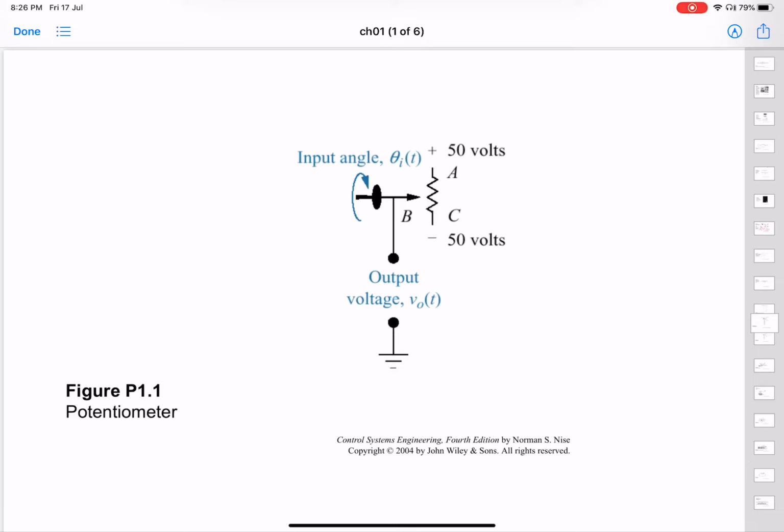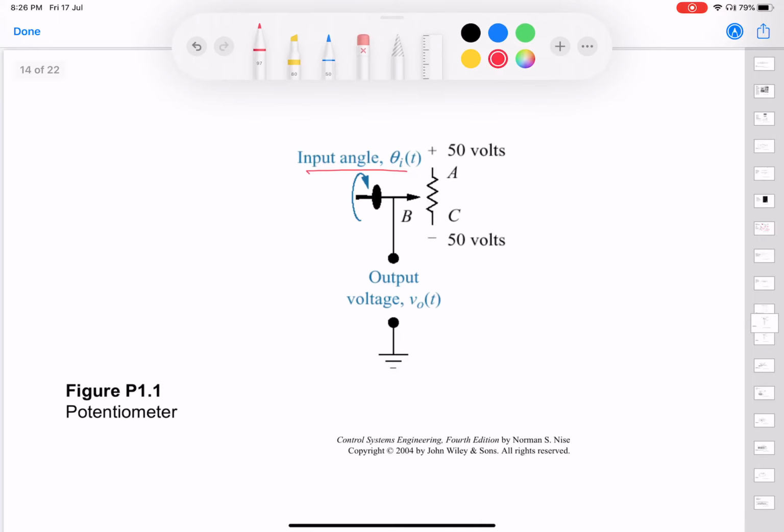So now this is a potentiometer in which you have an input angle, right? And you have an output voltage. So basically what you're doing is you're turning this knob here, and as you turn it, this end here moves, from say C to A if you turn it in a particular direction.